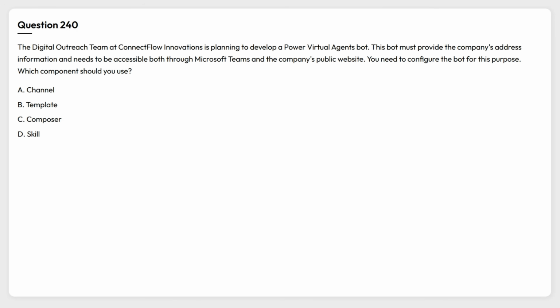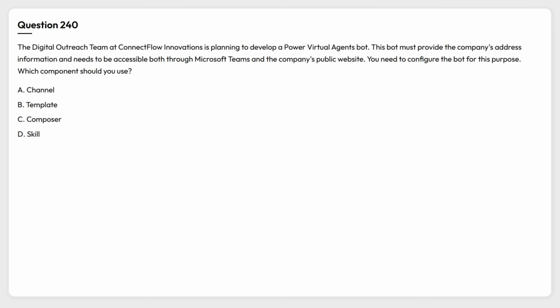Question number 240. The digital outreach team at ConnectFlow Innovations is planning to develop a Power Virtual Agent bot. This bot must provide the company's address information and needs to be accessible both through Microsoft Teams and the company's public website.